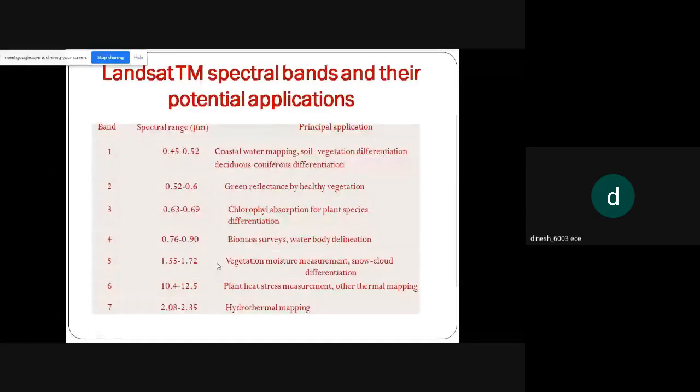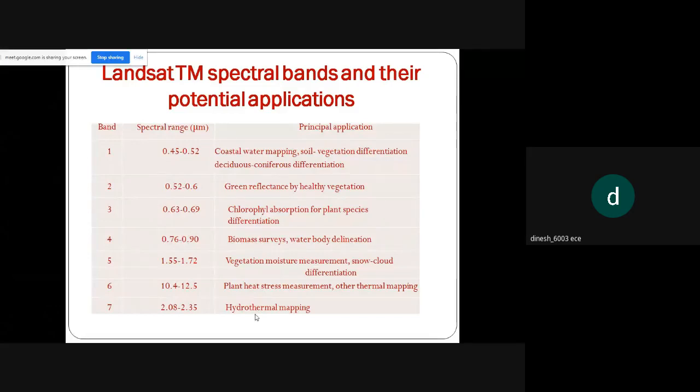The spectral band 6, having ranges from 10.4 to 12.5 micrometers, is used for plant heat stress measurement and other thermal mapping measurements. The band 7, spectral band in the range of 2.08 micrometer to 2.35 micrometers, is used for hydrothermal mapping application.